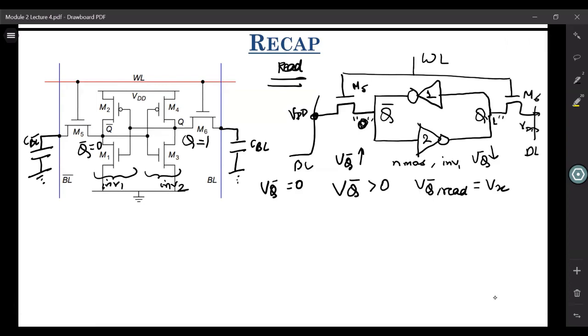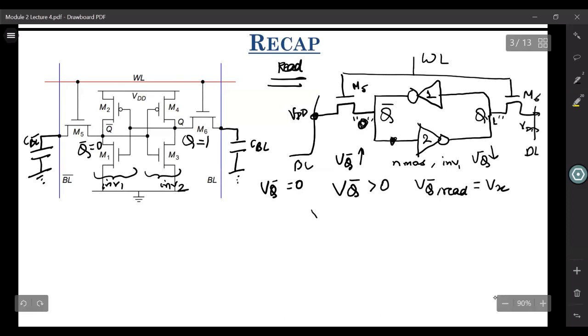Now, what we want during read is that the state of our bistable element, that is Q equal to 1 and Q bar equal to 0, should not be flipped. So if we want our Q to remain at 1 and Q bar to remain at 0, the voltage Vx, or this VQ bar, is applied to the input of this inverter 2.